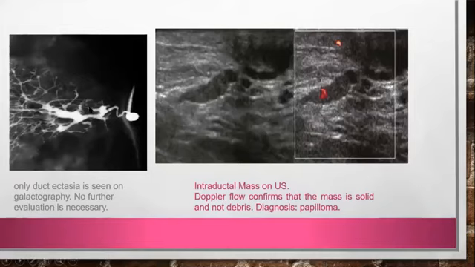These examples of ductograms demonstrate dilated ducts, but the peripheral terminal duct lobular units don't show any abnormality on this ductogram. This is again a dilated duct with internal lesions that demonstrate vascularity in a case of intraductal papilloma.